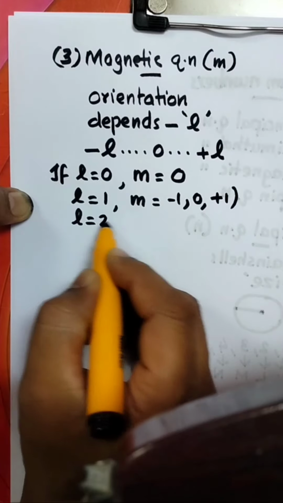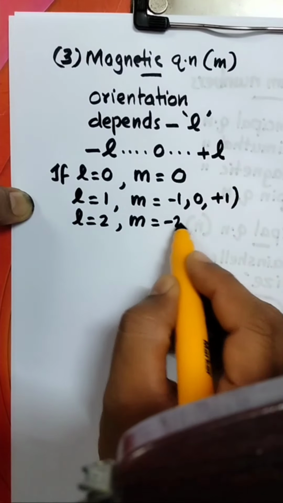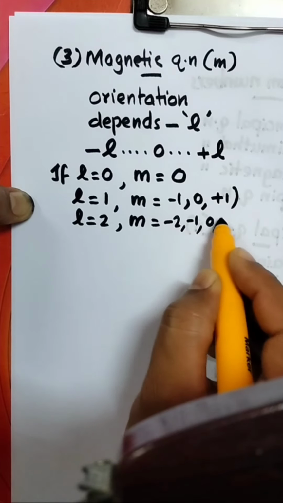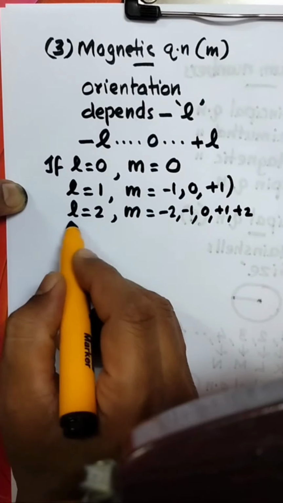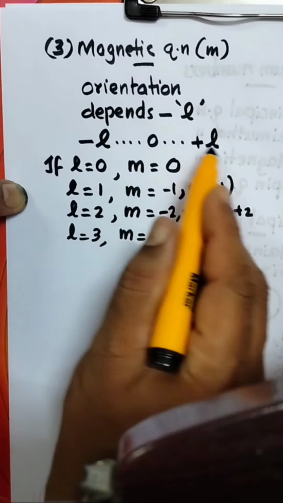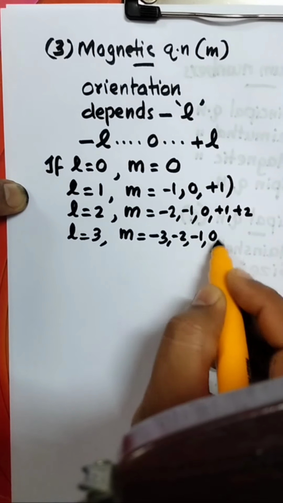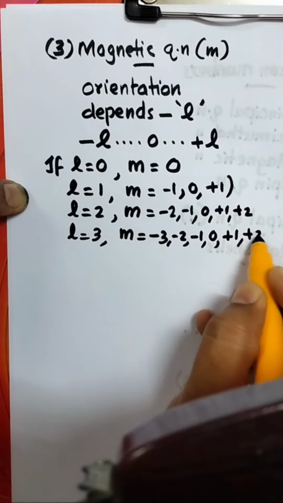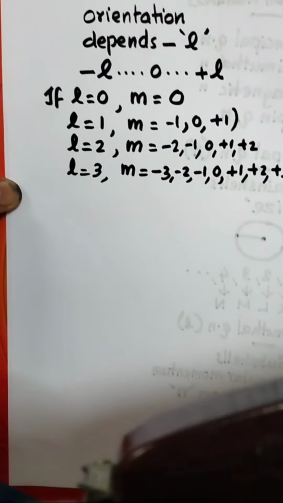If L equal to 2, then M equal to minus 2, minus 1, 0, plus 1, plus 2. If L equal to 3, M equal to minus 3, minus 2, minus 1, 0, plus 1, plus 2 and plus 3. These are the values of magnetic quantum number.